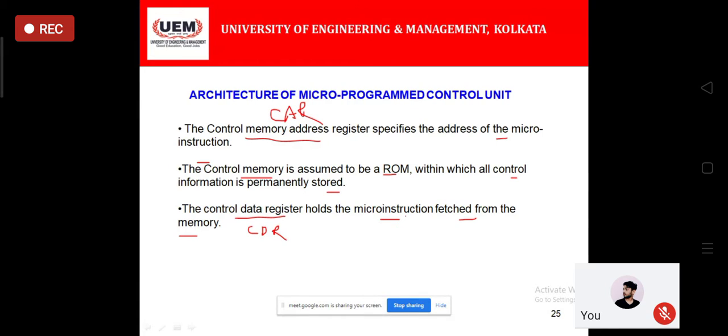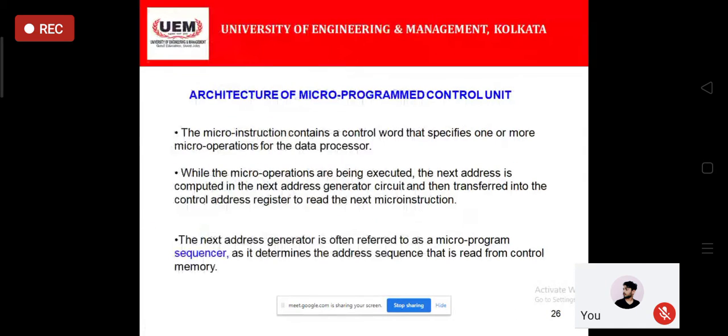In the normal case we write MBR if it is from primary memory. I'm not telling you all the things. The micro instruction, the control word, and more than one micro operation, all the details I have told you.